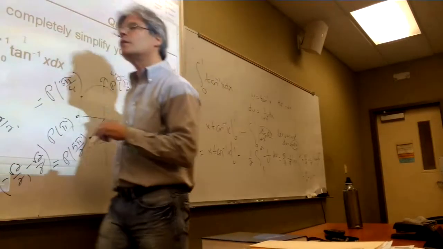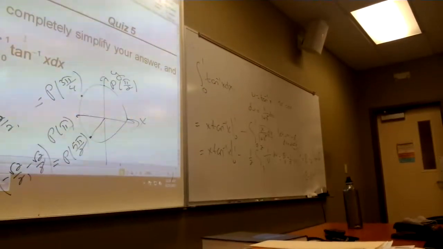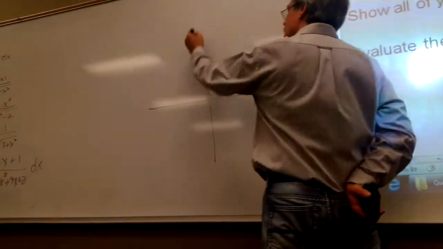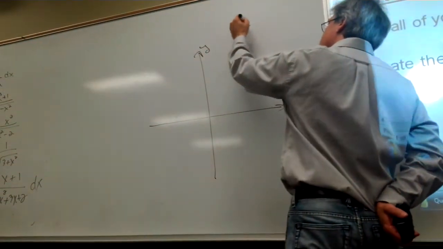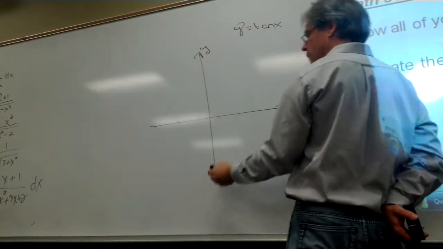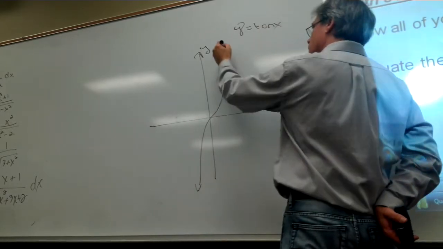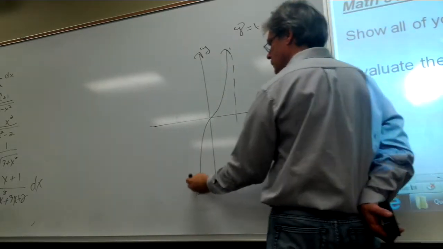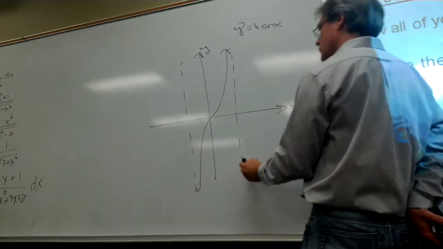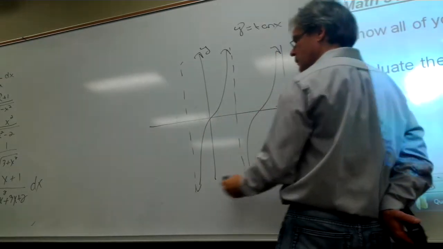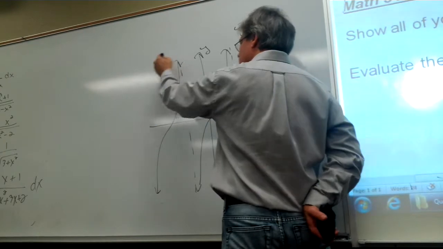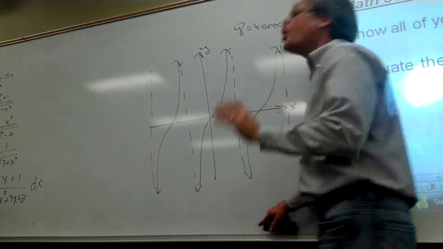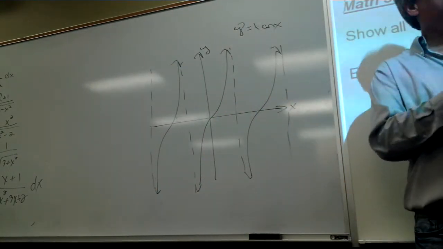No, do this. X-axis, y-axis. Let's graph this beast. You guys, I know I'm being a little sloppy, but let's just talk about this function real quick, because I want to generate its inverse.